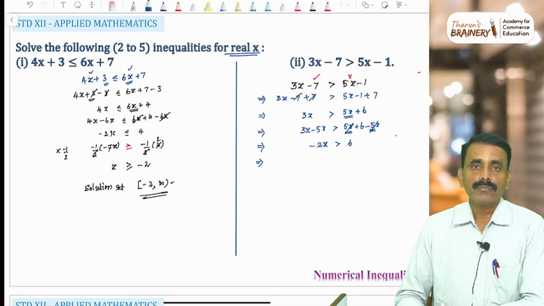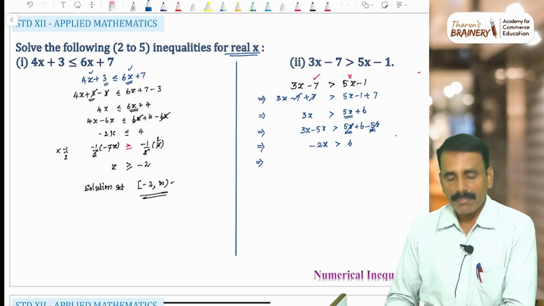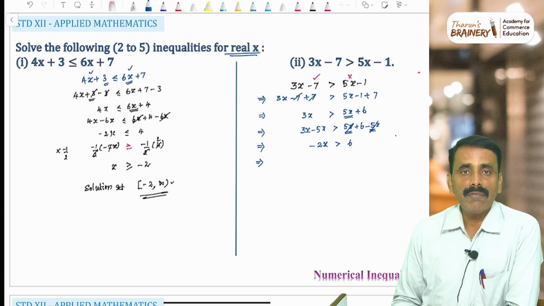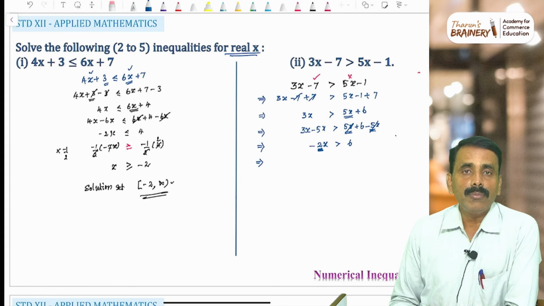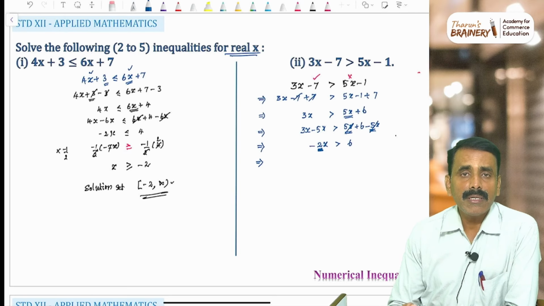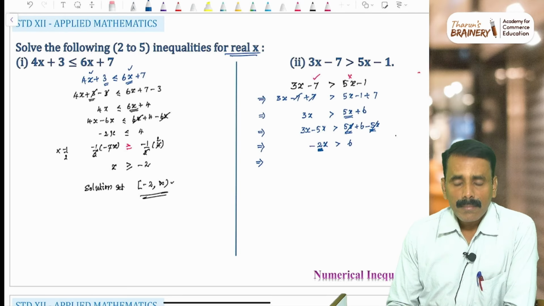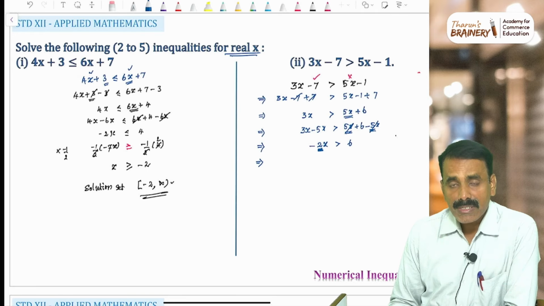Now, if you want to get a clear cut picture, first I will try to remove this 2. How to remove 2? Multiply by the multiplicative inverse of 2. Why should we multiply? Because 2 is in multiplication with x.